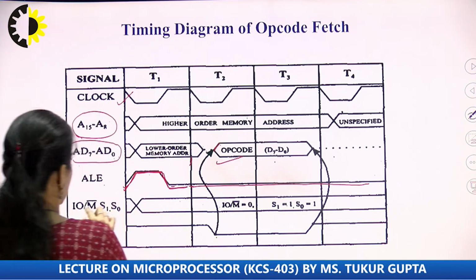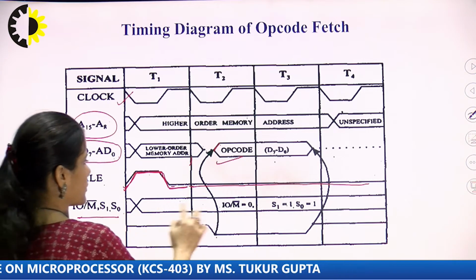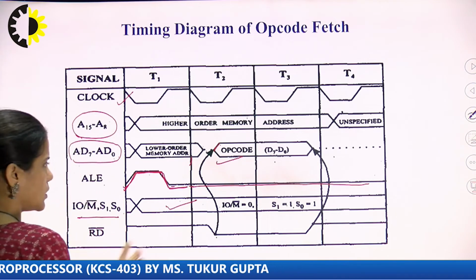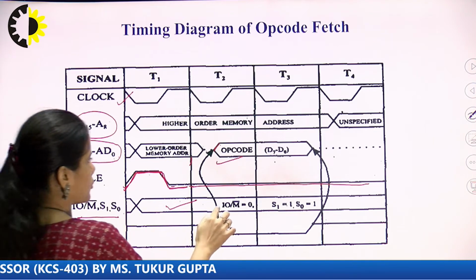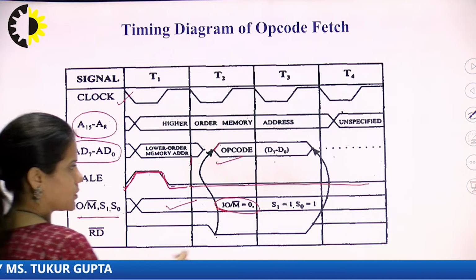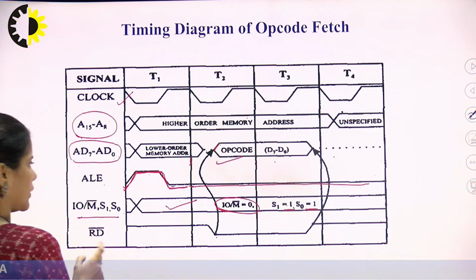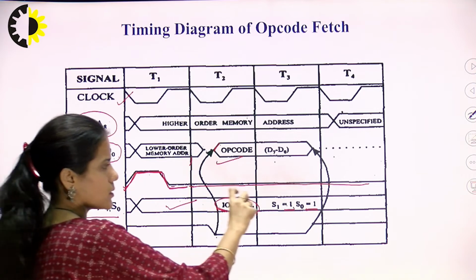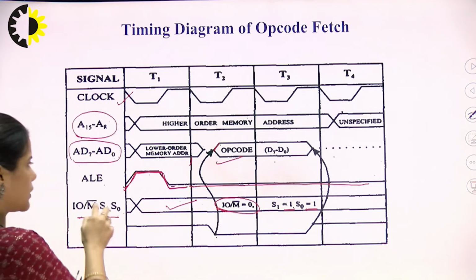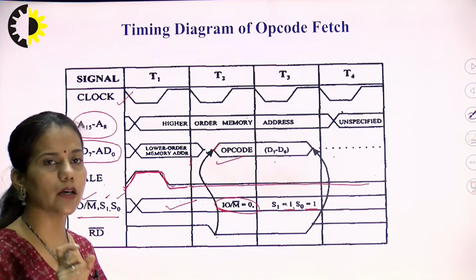Now, IO/M bar, S1 and S0 signals are represented by this group of signals. IO/M bar should be 0 in this situation because this is a memory operation, and during the opcode fetch cycle S1 and S0 are both 1 and 1. So, this is the representation of the group of signals. What are the signals involved in this group? IO/M bar, S1 and S0.